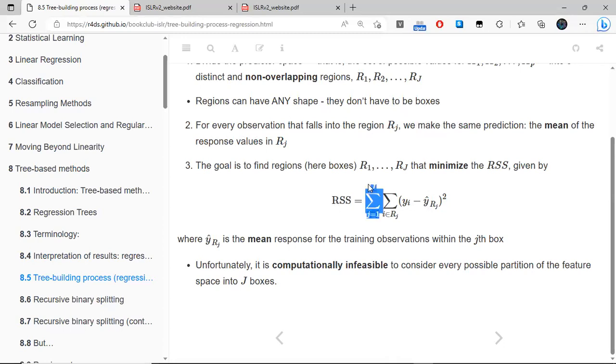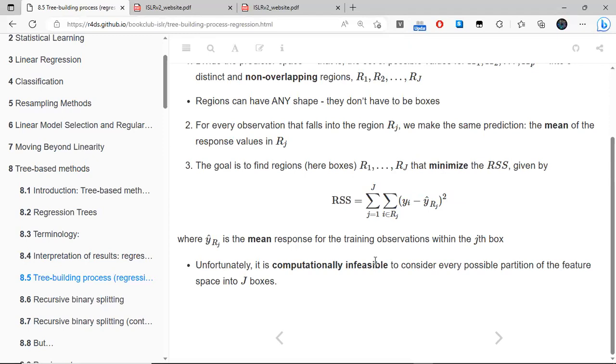In this case, we are simply considering all the rectangles. And for each of them, we are considering the squared error. I'm summing all of them for each observation y inside each rectangle.